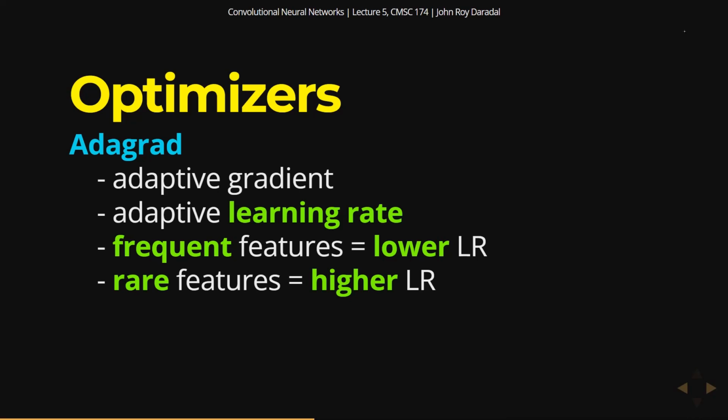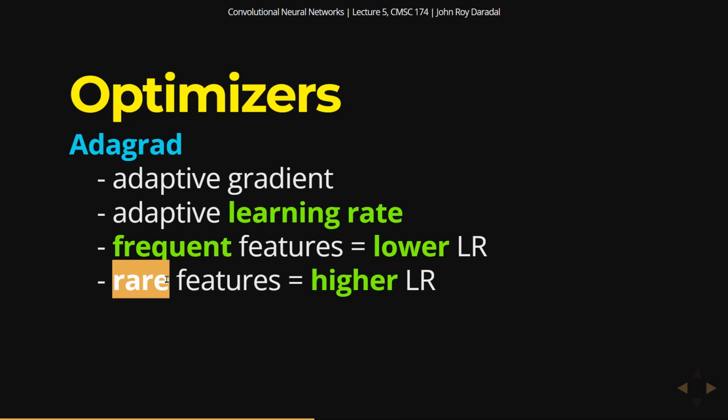Now, why is that? Because if it's frequently updated, then that means that you've been focusing on this feature a lot, right? So you've probably learned a lot about it already. So you can just use a lower learning rate because you're maybe in the fine-tuning stage regarding that feature. But if it's a feature that's being rarely updated, that means that it's close to the random initial value that you started with, right?